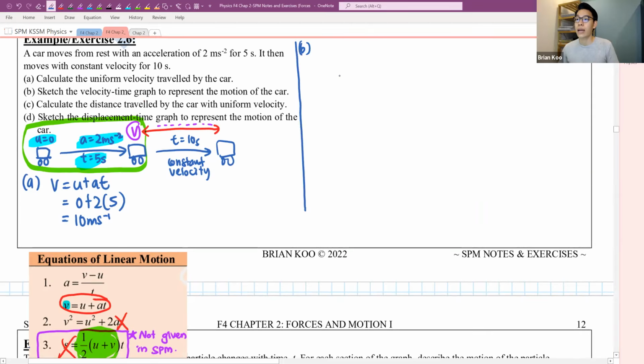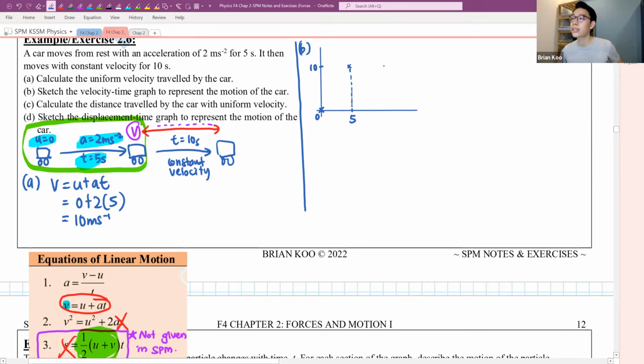Then we're going to draw a graph in part B. Sketch the velocity time graph to represent the motion of the car. We know the velocity at the start is 0, and then after that it becomes 10, and that took 5 seconds.